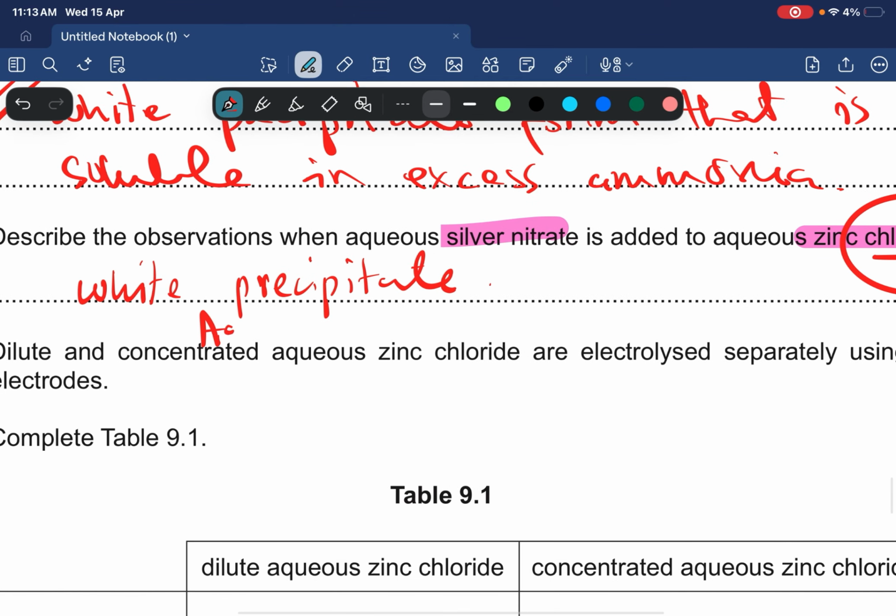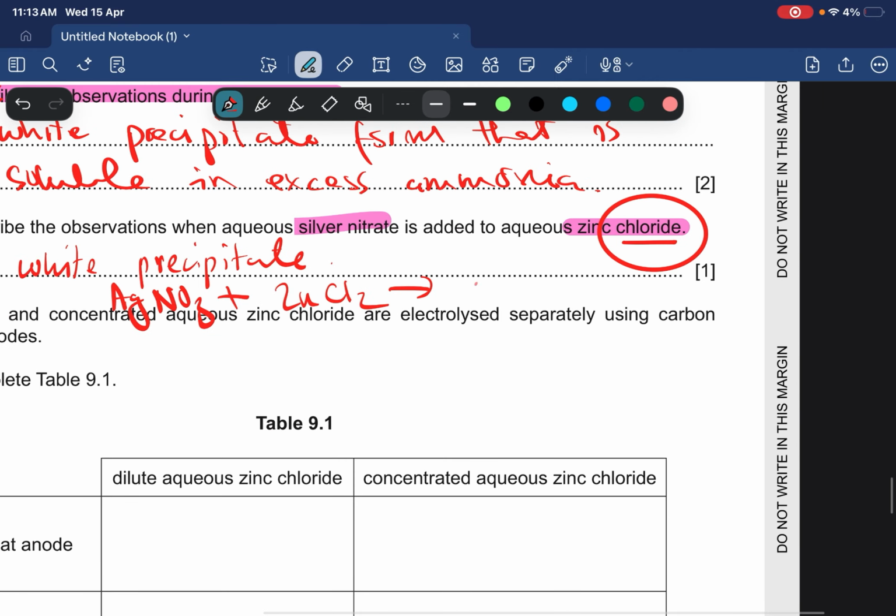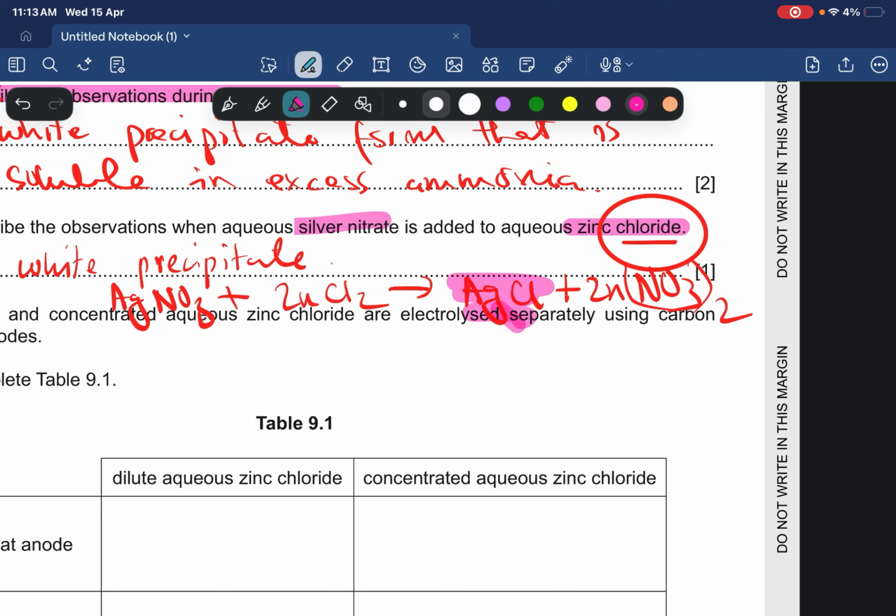Look at this reaction. It is silver nitrate reacting with zinc chloride, and then you form AgCl plus Zn(NO3)2. So this is the precipitate that's forming.